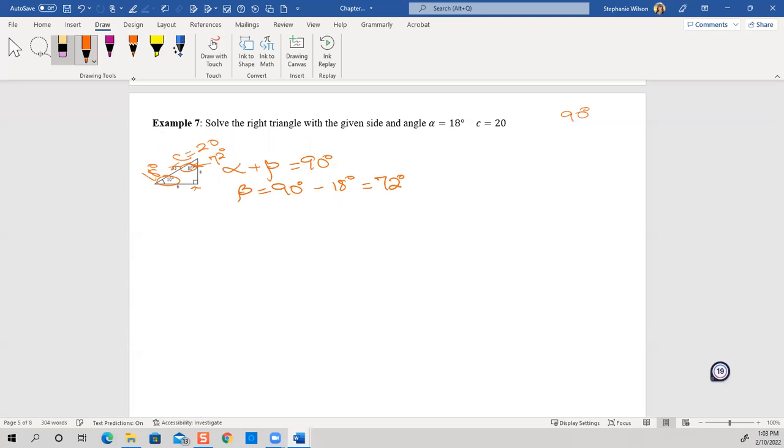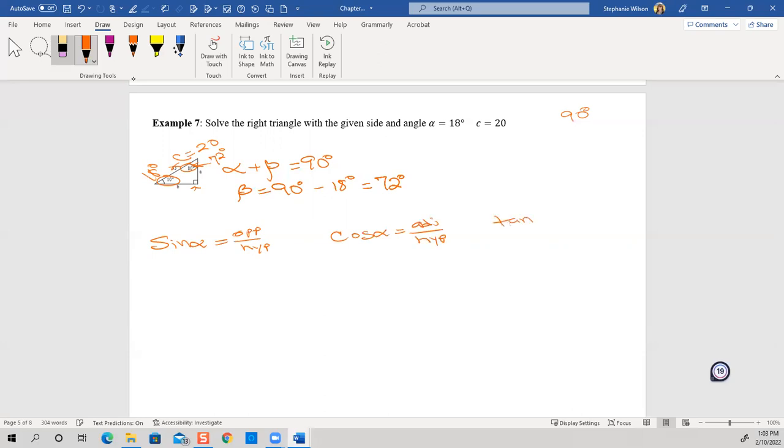Now we don't know what A and B are, but we know C and we know the angles. So let's get started solving these. I know that sine of alpha is the opposite over hypotenuse. The cosine of alpha is adjacent over hypotenuse.